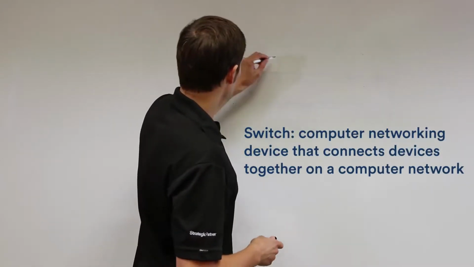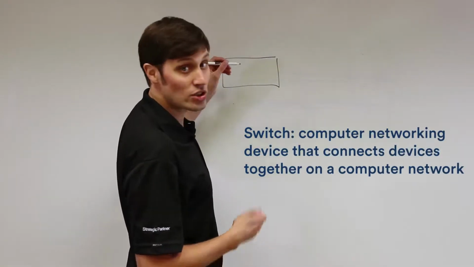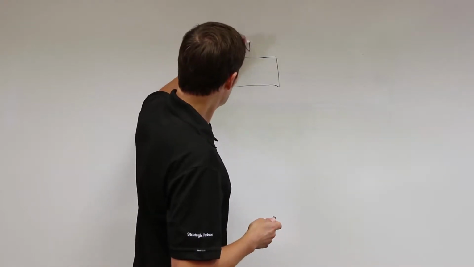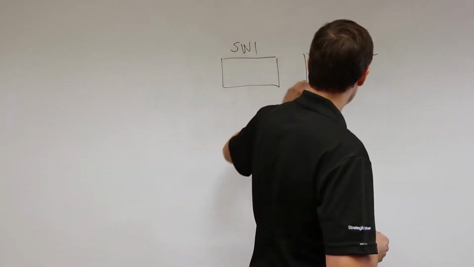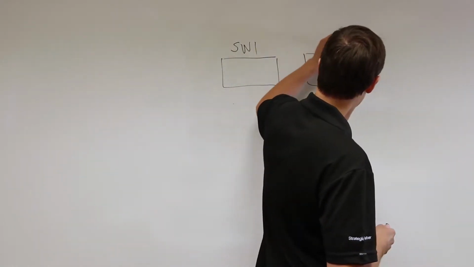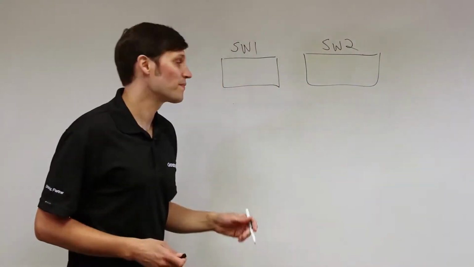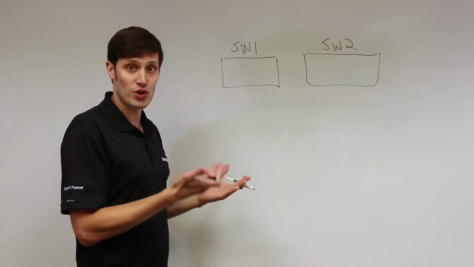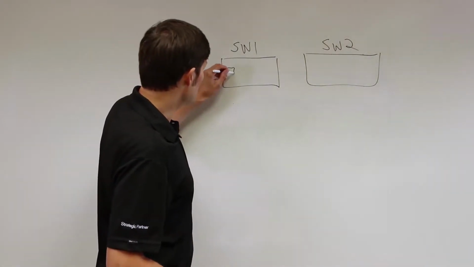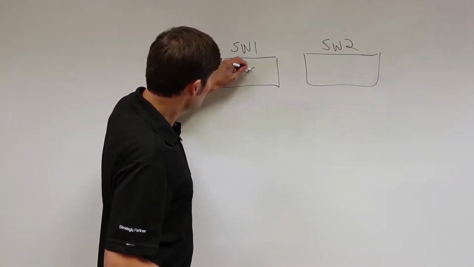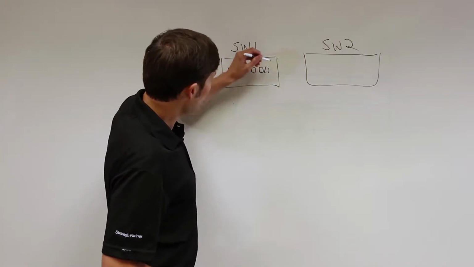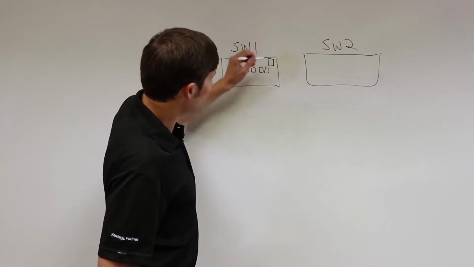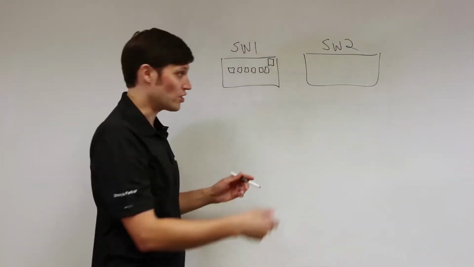The basic component of a network is a layer 2 switch. So you have switch number 1 here, and switch number 2 here. Let's say these are 24 port switches. On each switch, you have a lot of ports, okay? And you have an uplink port that connects to the other switch.